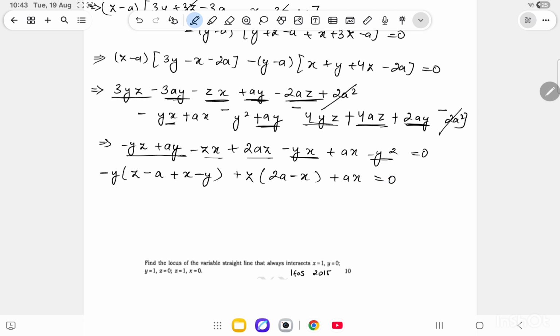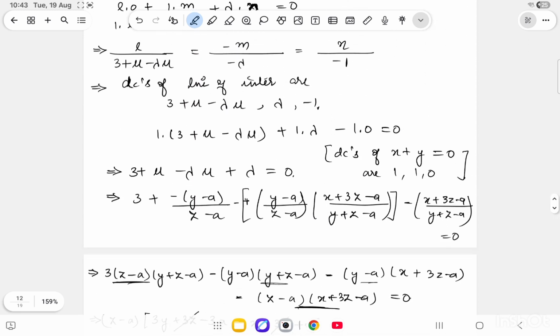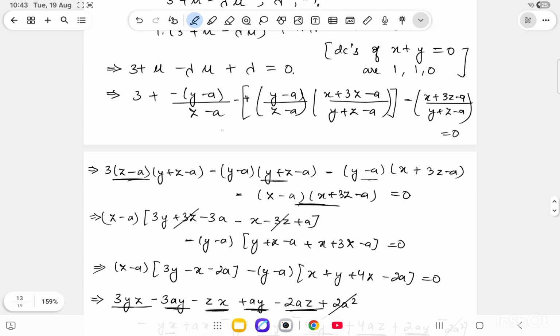We're not getting anywhere. I think we can leave it here, or maybe we have done some calculation mistake. You can check it afterwards. Till here it is correct. Maybe we have done some calculation mistake.